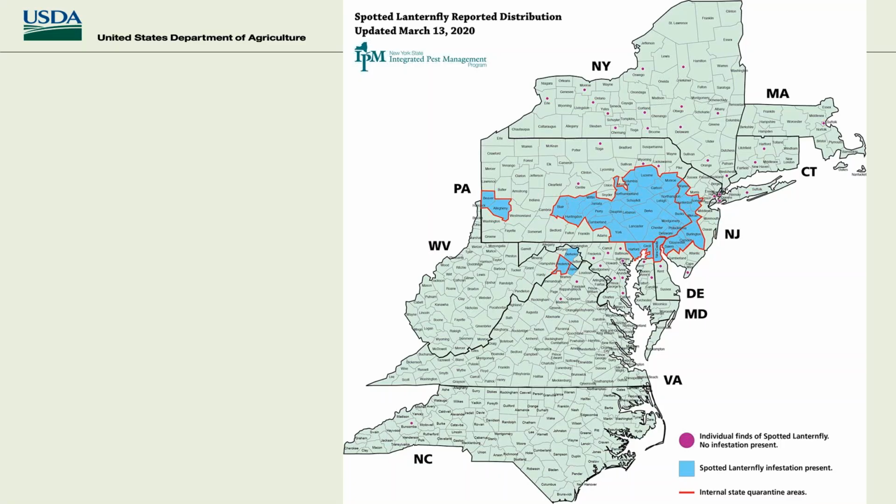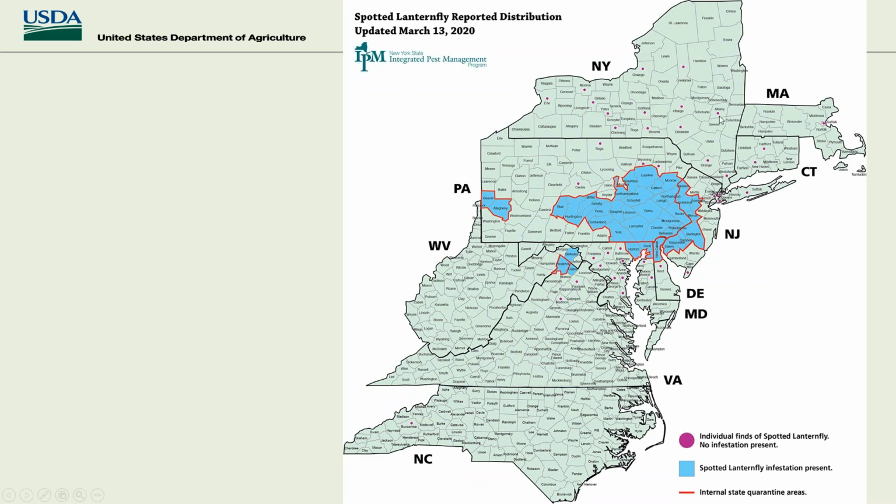Another map that's produced by New York State Integrated Pest Management Program shows those same areas. And actually this is updated, so we have 2 counties in Virginia now, and actually a county in West Virginia. There's an active population identified there. But what this map also shows is finds with these red dots on these counties.